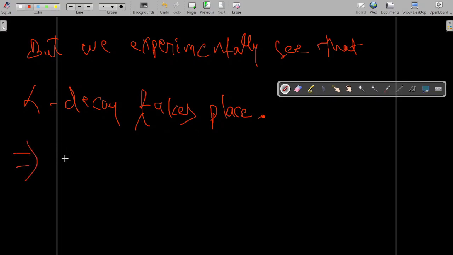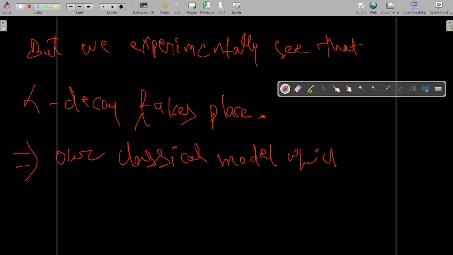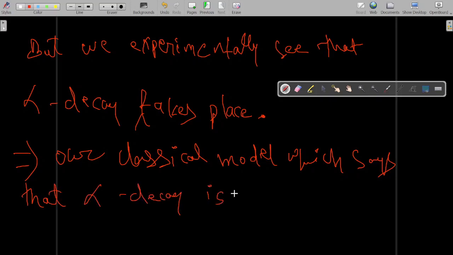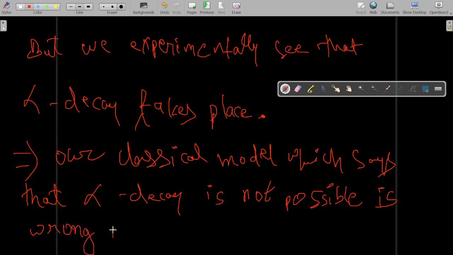That implies our classical model, which says that alpha decay is not possible, is a wrong inference.